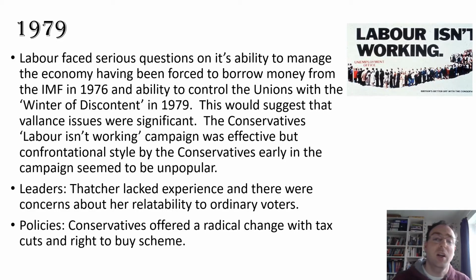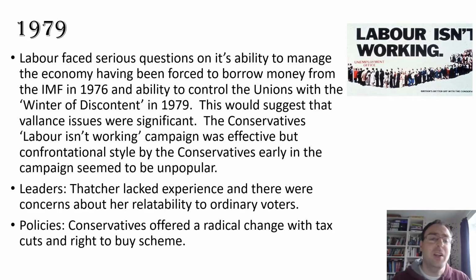Well, in 1979, Labour had been in power since 74, a minority government since 76. In 76, it had to borrow money from the IMF because of the dire economic straits England was in. In 79, we've got the winter of discontent, where huge numbers of people are out on strike, rubbish is left in the streets, and all kinds of disruption is being caused to the economy.